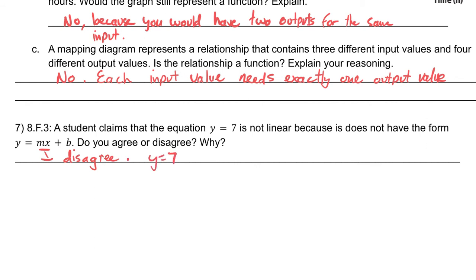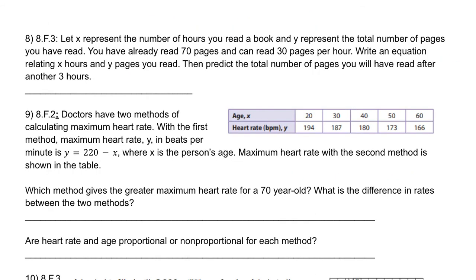Y equals 7 is the same as y equals 0x plus 7, where 0 is the slope. Okay, I don't have to say much more about that.